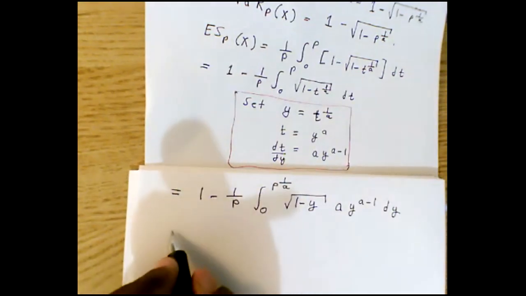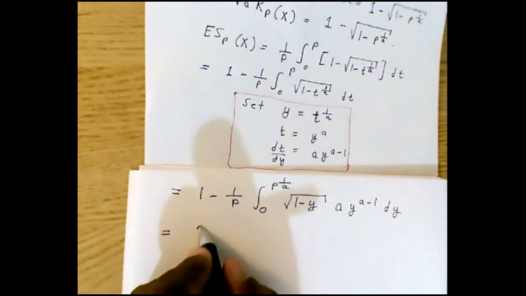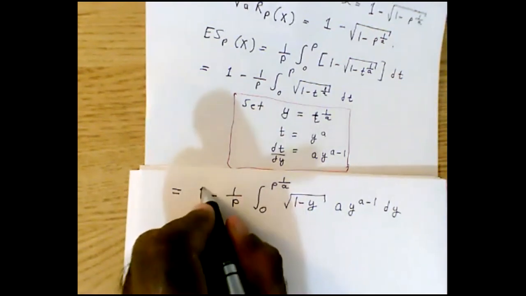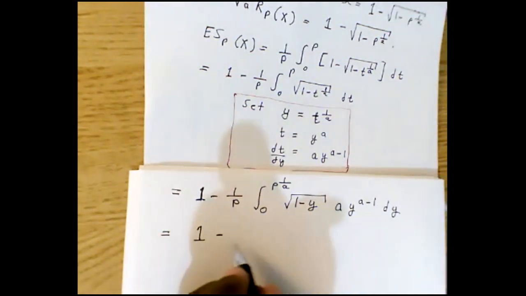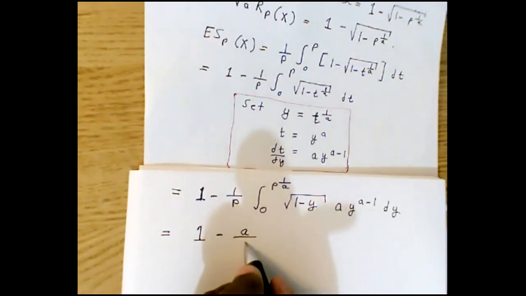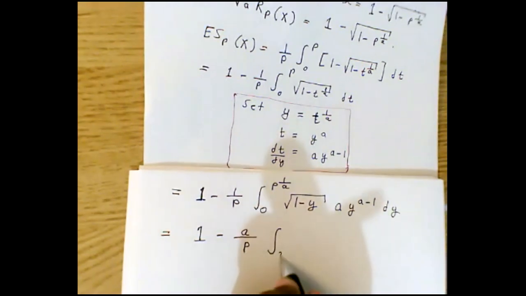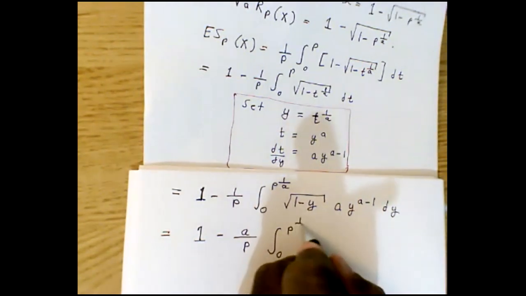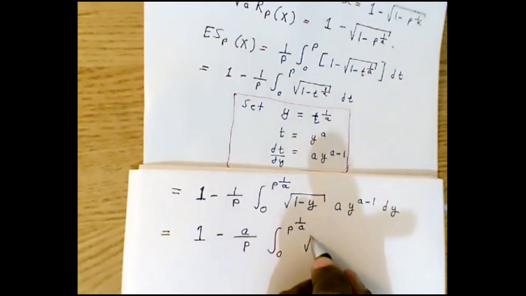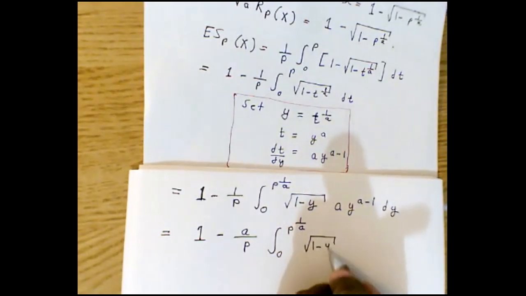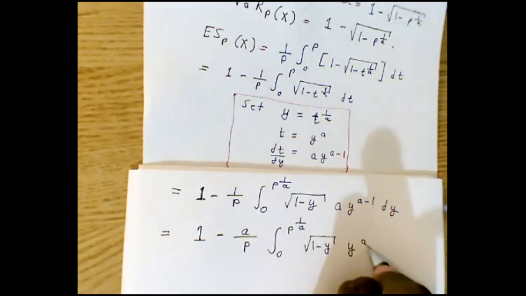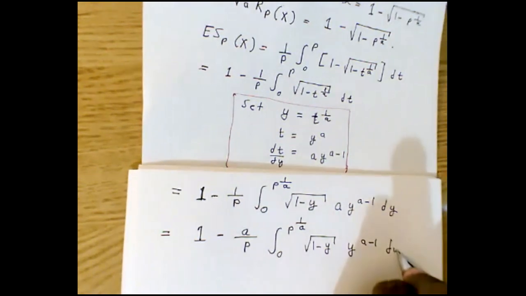I'm sorry I ran out of time, but I hope you are patient enough to wait for me to finish this. So this is 0 to p to the power 1 over a of the square root of 1 minus y to the power a minus 1 dy.